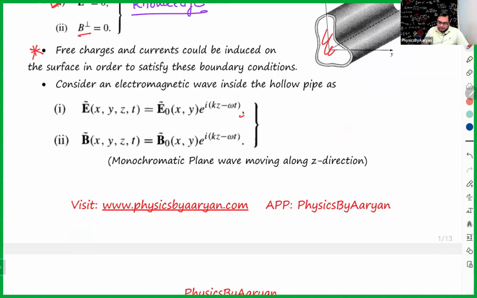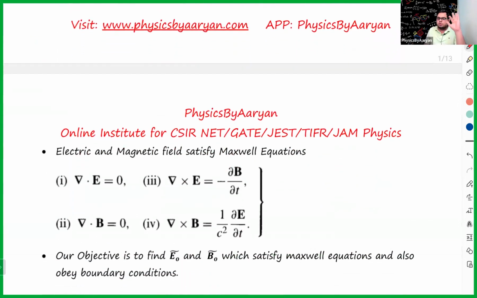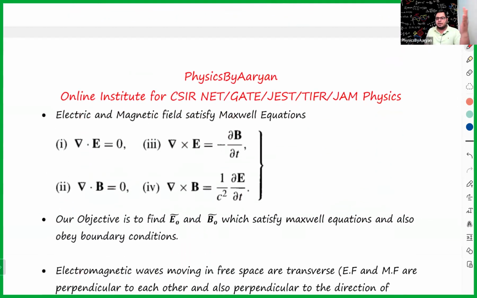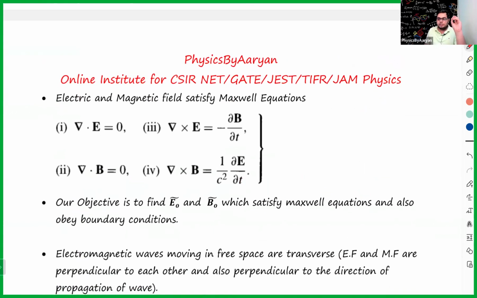So we have an electric field and a magnetic field. They can change with time, and that is okay. Now you know that any electric field and magnetic field has to satisfy four equations, which are known as the Maxwell equations.